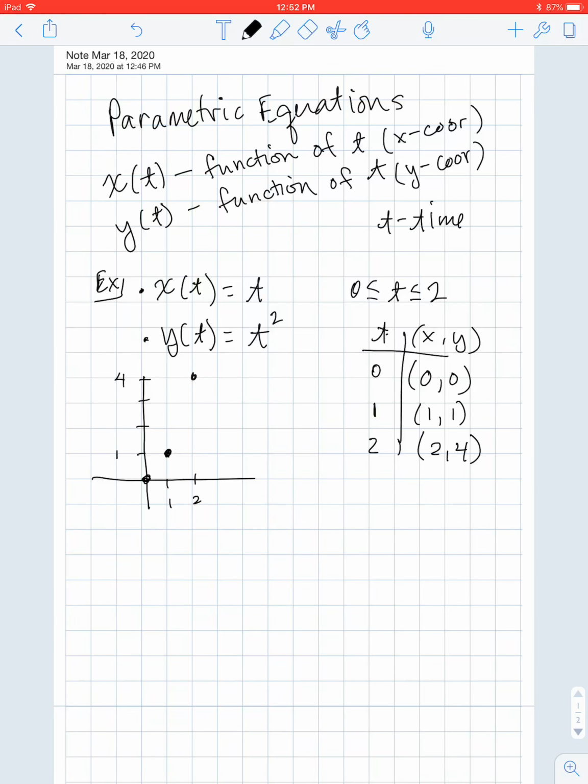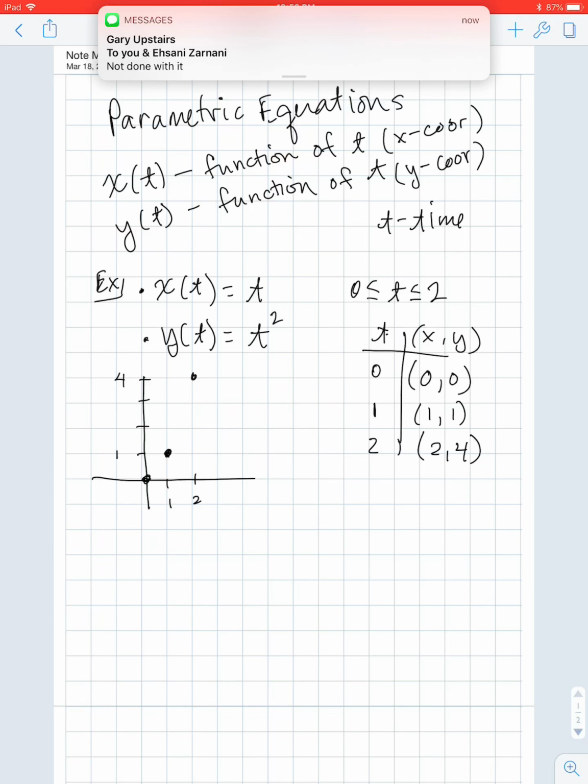Now, this also tells you the direction. So if we're going time equals 0, 1, 2, that means that's the direction of your graph. So you're going in this direction.